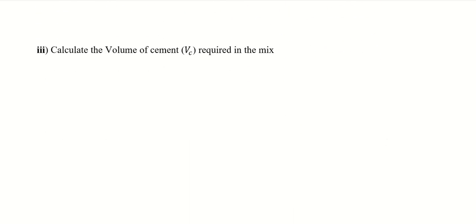Now for the third part of the question, we need to do the same procedure, but this time calculating the volume of cement. Again, the relevant equation, rho C, the density of cement, is equal to mass of cement divided by volume of cement. Plug in the numbers that we already have. So I've given you in the question that the density of cement is 3150.